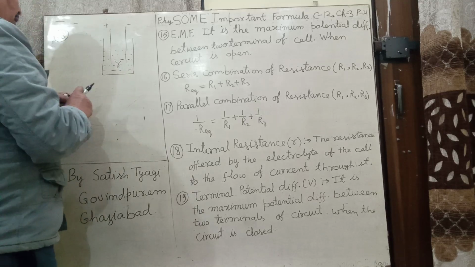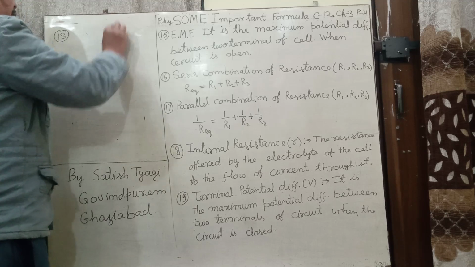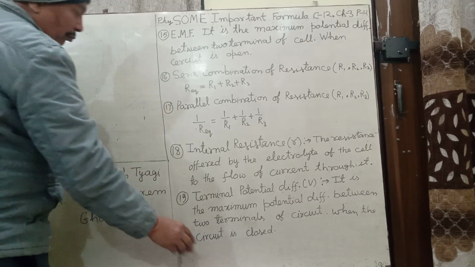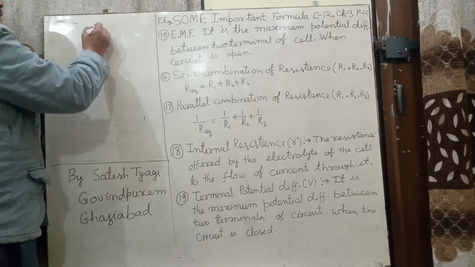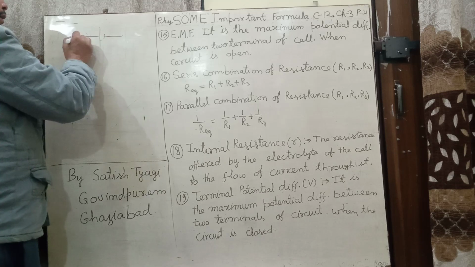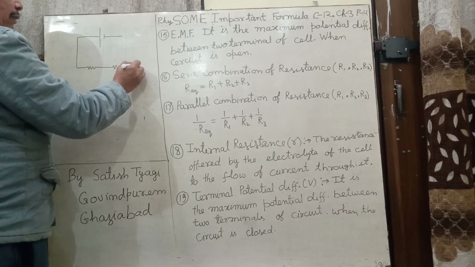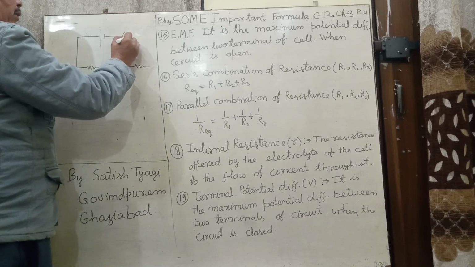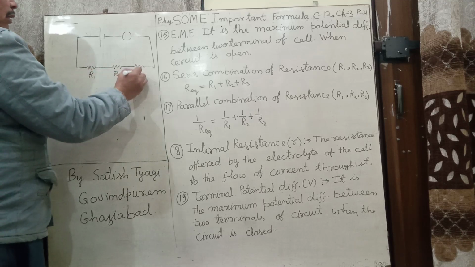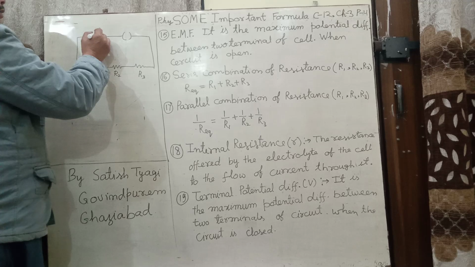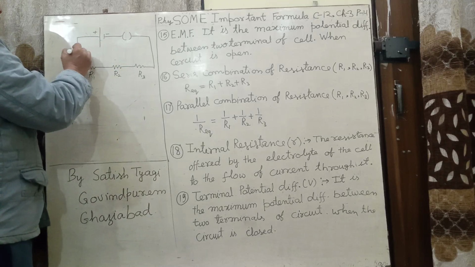Terminal potential difference. Let a cell be connected to these resistances. Here this is the key, and the resistances are R1, R2 and R3, and this is the positive terminal and negative terminal of the cell. The current direction is this.